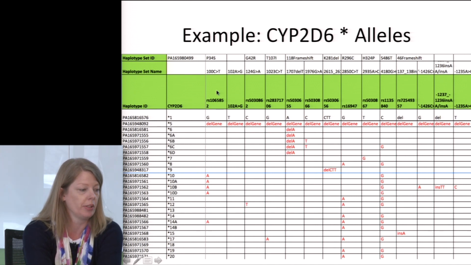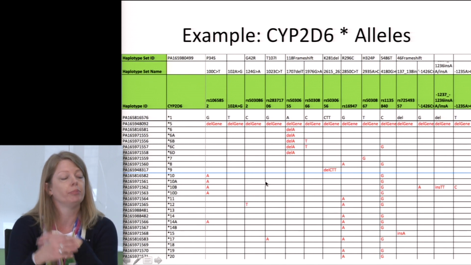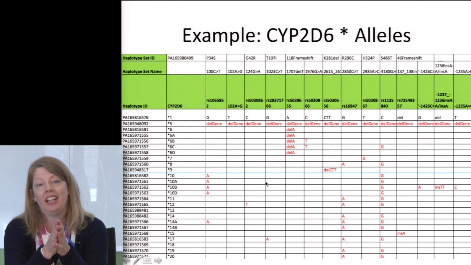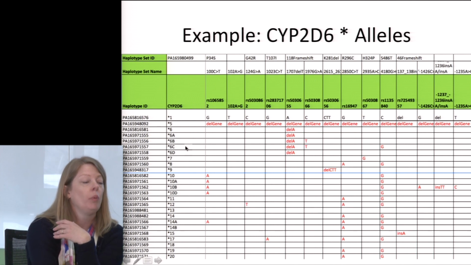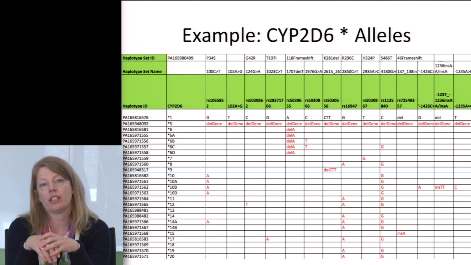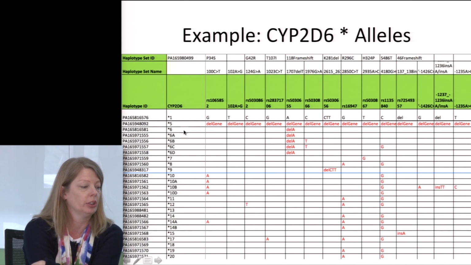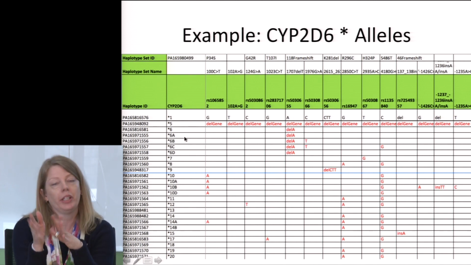So in the first location that we're talking about here, it has a G, then a T, and so on. Anything in the red is a change from the wild type position. So if there's a blank cell, we don't really know what's at that position in that particular star allele. We assume it's wild type, but the fact is that that position is not usually assayed when trying to assign a particular star allele. So we don't really know what is there.